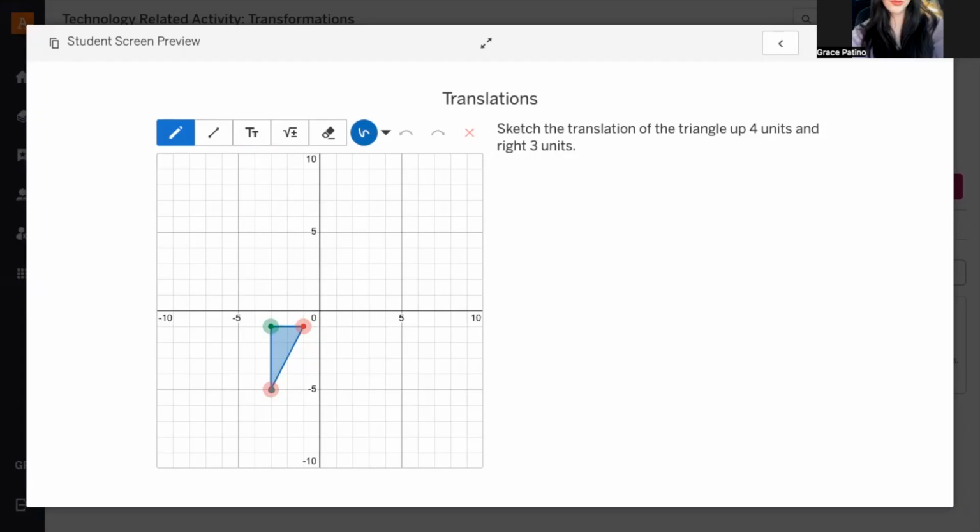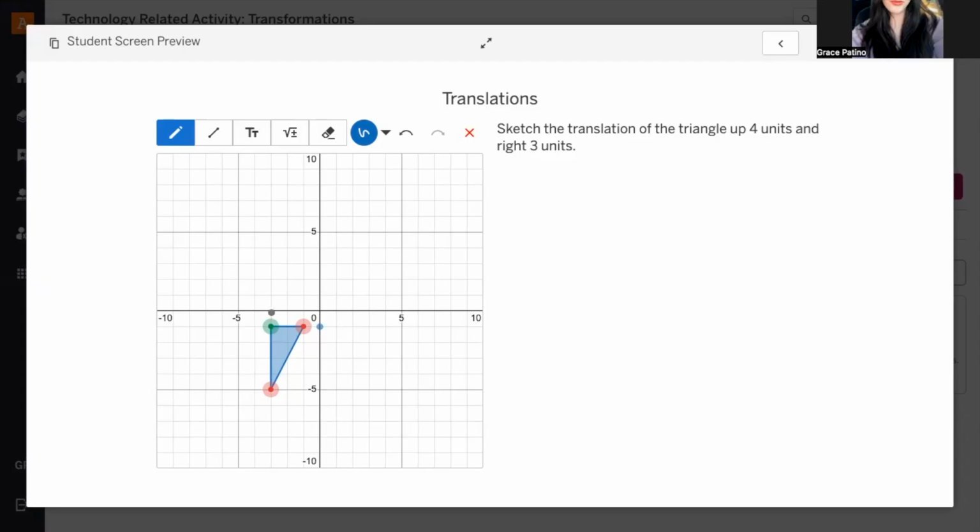So I need to go up 3. No, sorry, up 4. So 1, 2, 3, 4, and over 3. So 1, 2, 3. So my new point would be right here.